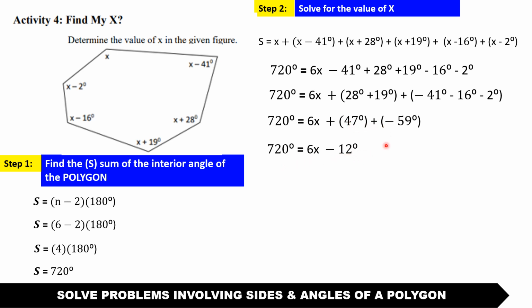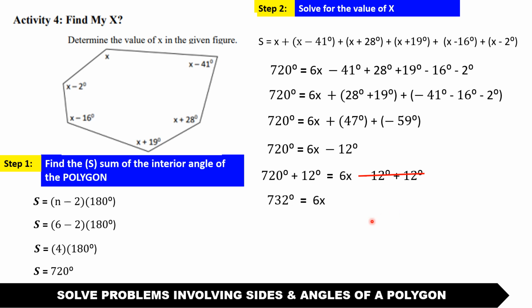Okay. Next one, so dito, gagamitan na natin siya ng additive inverse. So, kailangan matanggal si negative 12 dito. So, we need to add positive 12 to both sides of the equation. So, we have now 720 degrees plus 12 degrees equals 6x minus 12 degrees plus 12 degrees. So, slash out na natin itong part na to.